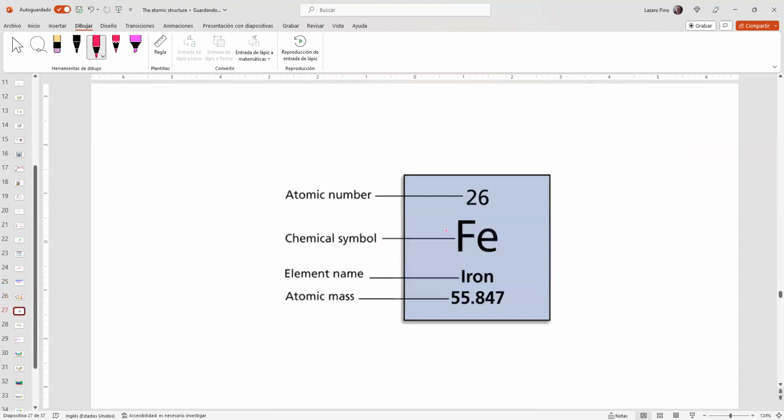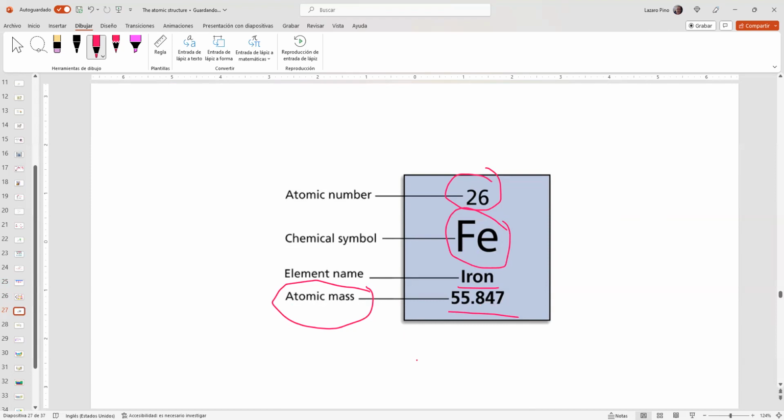Let's continue. Here you have the atom of iron. You can see that the atomic number is a whole number, then the symbol and the name of the atom. But look at this, the atomic mass is a decimal number. Why?